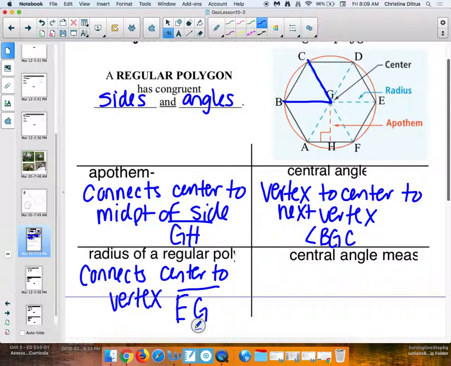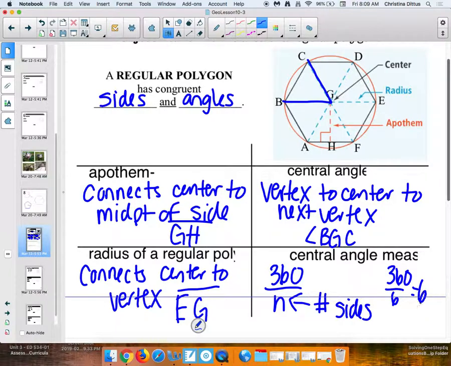Then to find your central angle, all you're going to do is take 360 divided by n, where n is the number of sides. So this one I believe is a hexagon. So you take 360 divided by 6, which gives us 60 degrees.